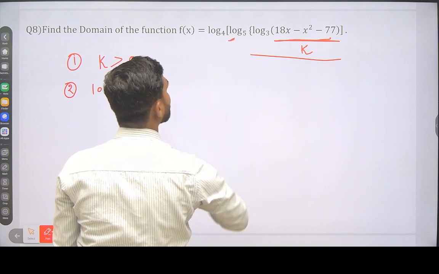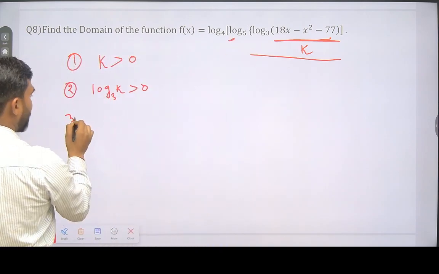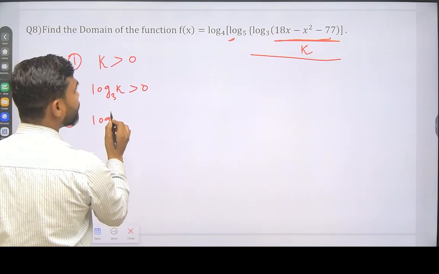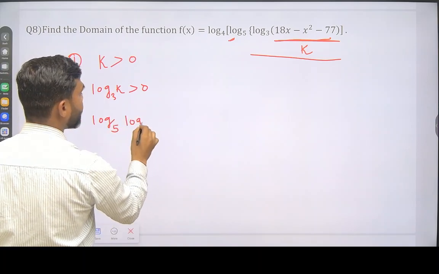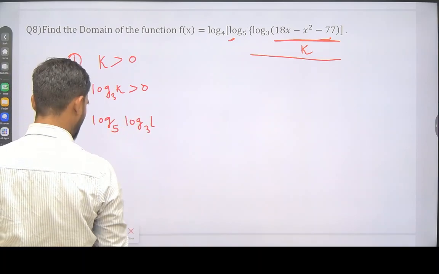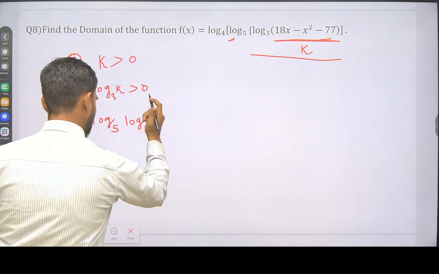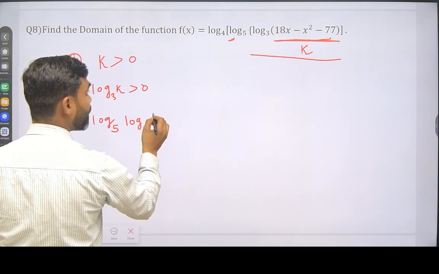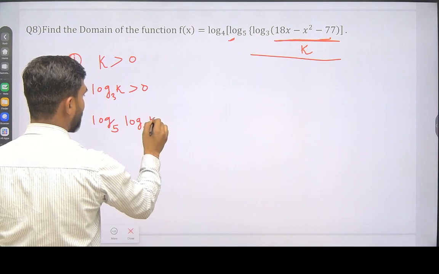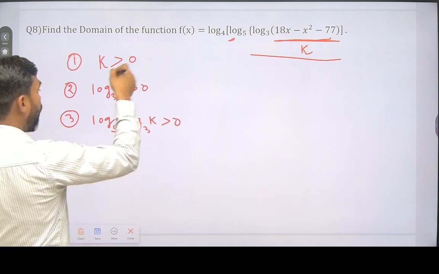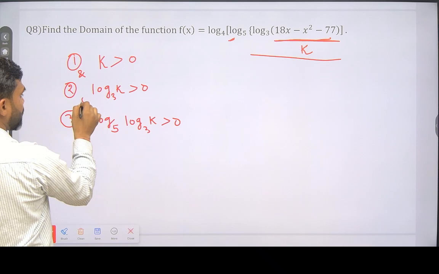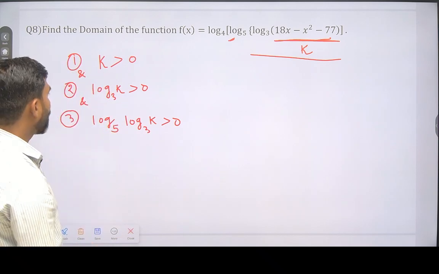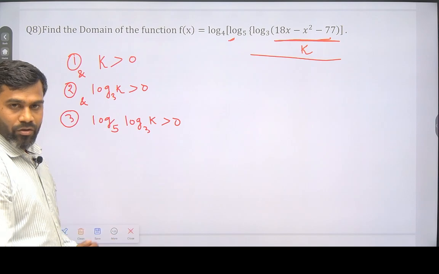And then the third condition will be log base 5, here 3 and here k should be greater than 0. So all these conditions must be satisfied, right?